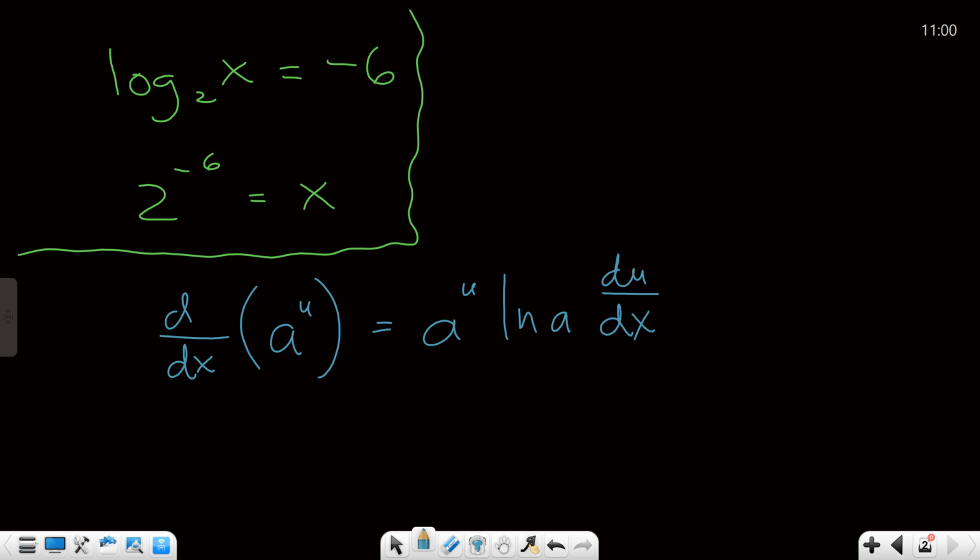Just like when you're taking a derivative of e to the u, it's e to the u itself, e to the u times the derivative. Got to remember to chain on the derivative of the function up on top. Okay?